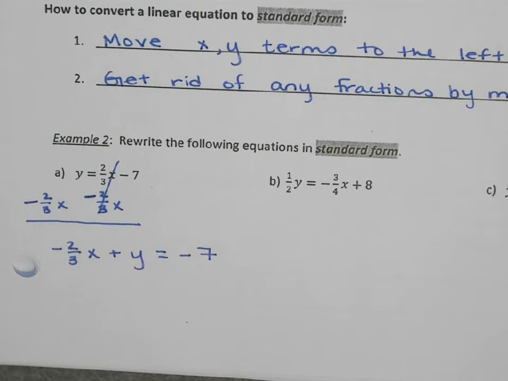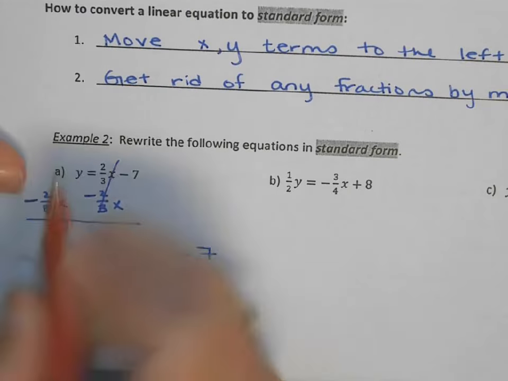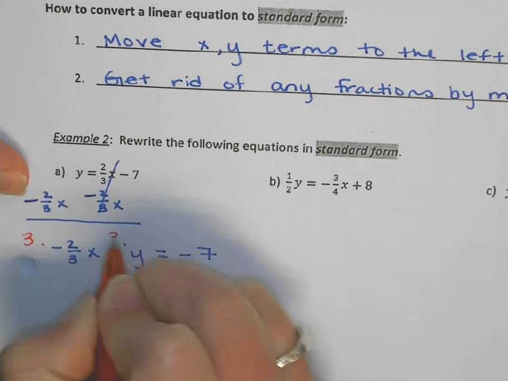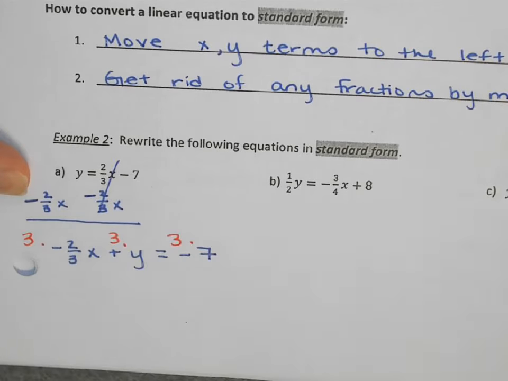Okay? Now, I do have a fraction there that I need to get rid of. So what do I need to do? I need to multiply by a denominator. So what's the denominator right now? 3. So I have to multiply all the terms by 3. I'm going to multiply this first term by 3, this term by 3, this term by 3.